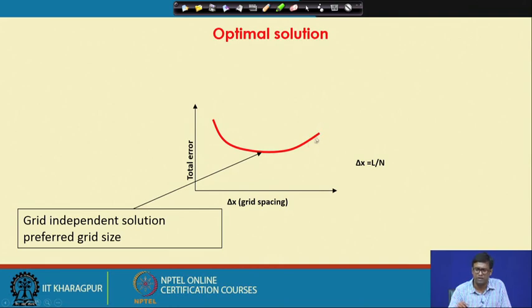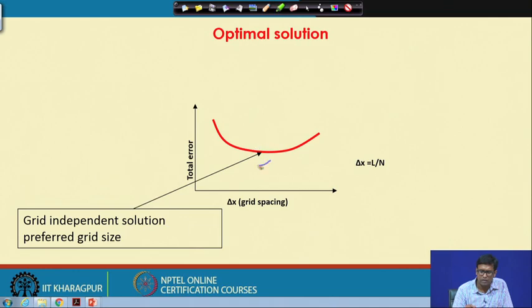If we come from this side, as we are reducing grid spacing, the error is reducing up to a certain point, and then as the number of points has increased and grid spacing is very low, finally the error is increasing, because the discretization error is reduced, but the roundoff error has increased. So, there is an optimal regime in which these errors kind of cancel each other, and we will see a flatness in the curve, a minimum of error.